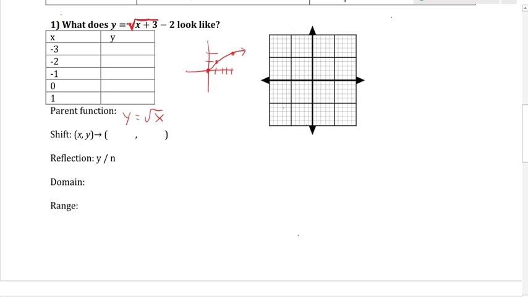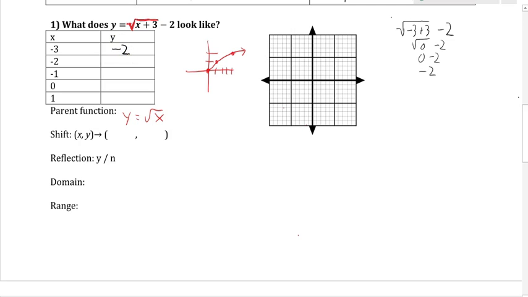So if we plug in negative 3, we're going to have the square root, changing the x to negative 3, plus 3, minus 2. Negative 3 plus 3 is 0. Square root of 0 is 0. 0 minus 2 is negative 2.